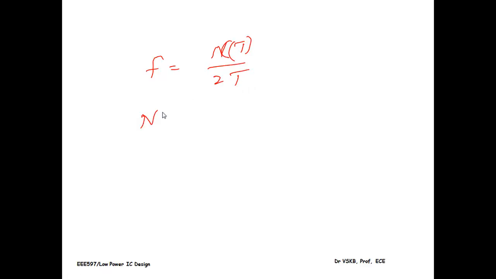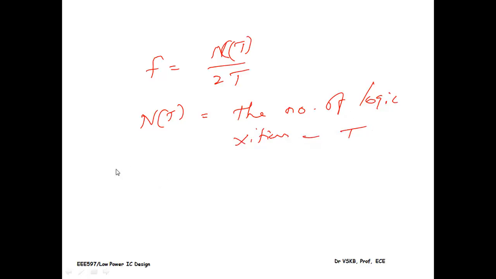where n of t is the number of logical transitions we had over time t, and in the continuous signal model we are not actually specifying the time, therefore the time is considered to be infinity.